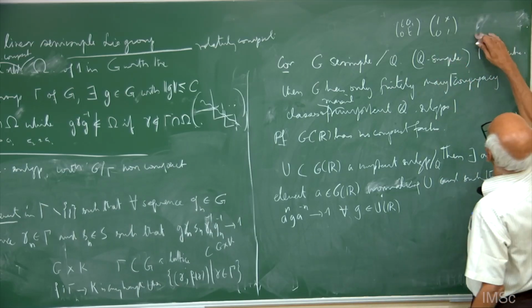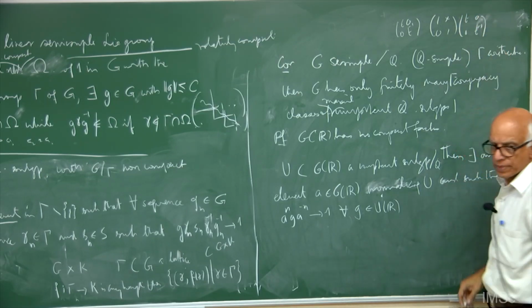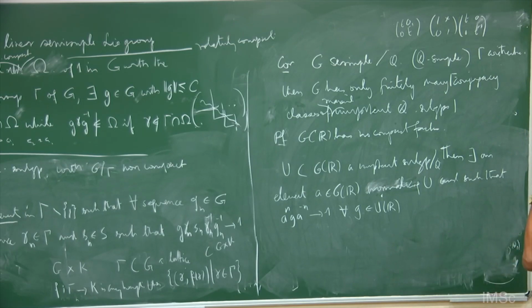In that statement, you are using gamma? Sorry? Gamma is Q simple, you are assuming G to be Q simple in the corollary statement. U being Q simple doesn't make sense, U is a unipotent group.